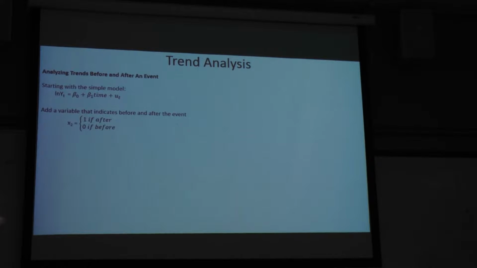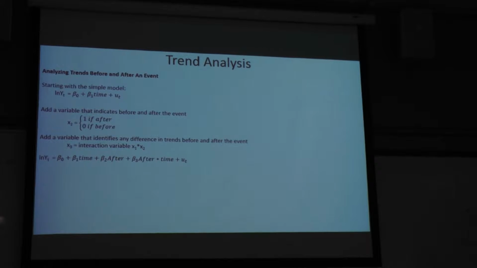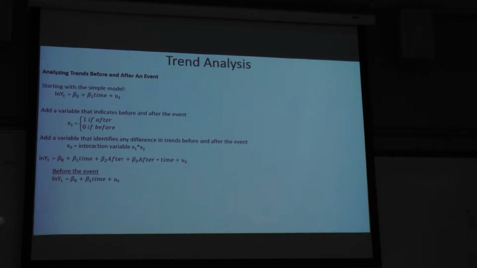All right, so we got the dummy variable to indicate a shift in the intercept. And then we had the interaction to account for a shift in the slope. Before the event, we get that time trend represented by that equation.